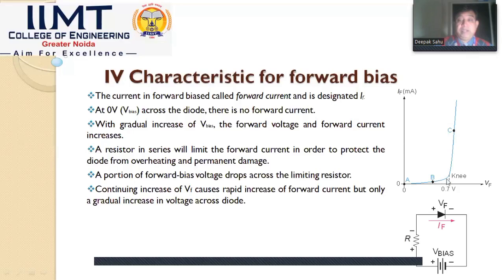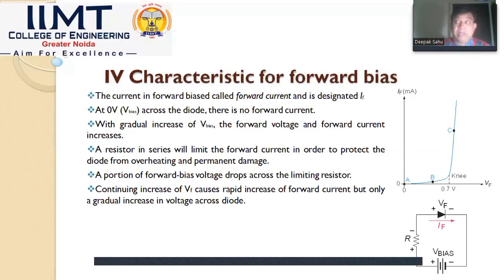Then from B to the knee voltage point, there is a slightly larger increase in current, and as soon as the knee voltage point is crossed, from knee to C, an exponential or sudden rise in current is observed, which means the depletion width is reduced to a very negligible amount. This exponential or huge increase in current can only be limited by an external resistance.